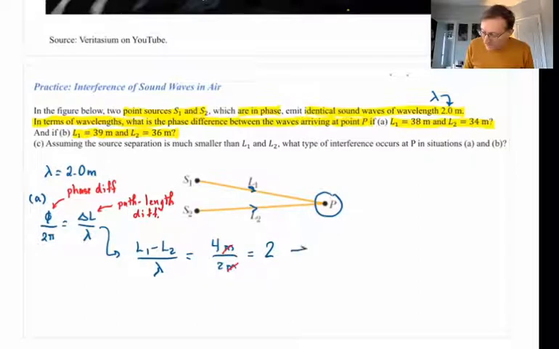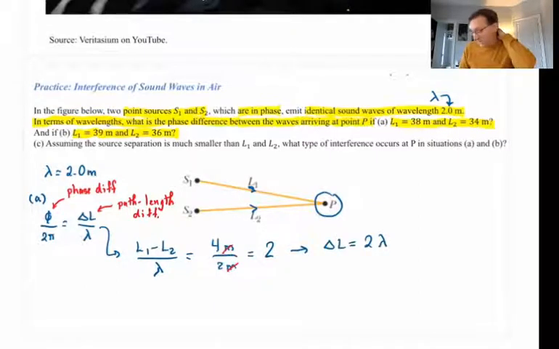So I say that's the same thing as saying the path length difference is 2 times lambda. And that's what they mean when they say phase difference in terms of wavelengths. It's what I would call the path length difference. It's 2 lambda. Or to say it another way, delta L over lambda is 2. The path length difference is 2 wavelengths.